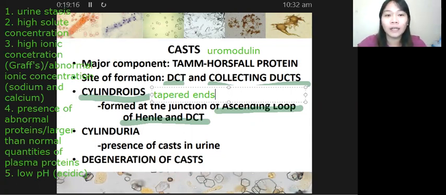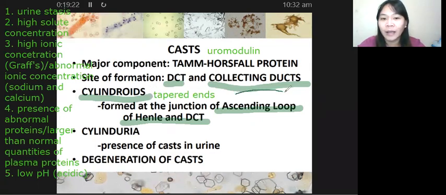Okay, so I will try to draw para at least maintindihan natin. Pag cylindroids po class, okay, so sabi niya, tapered ends. So ibig sabihin, medyo patusok siya. Okay, yes, medyo patusok siya. As compared to the blunt ends, okay, as compared to the blunt ends naman of your casts. Okay, so ito, cylindroids.